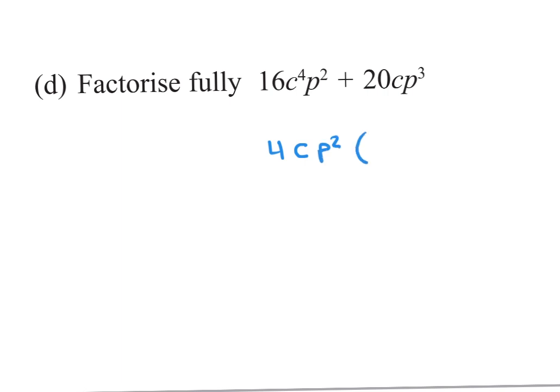Now open bracket, then divide 16c power 4 b power 2 by 4c b power 2. So you are left with 4c power 3 plus divide 20c b power 3 by 4c b power 2. 20 divided by 4 equals 5. c divided by c cancelled. b power 3 divided by b power 2 equals b power 1.